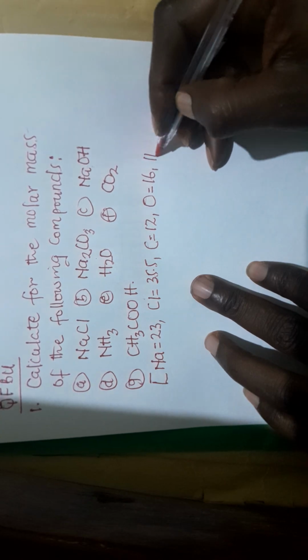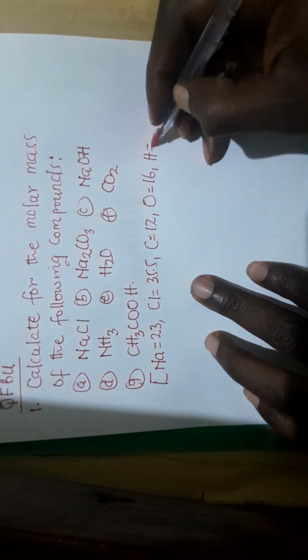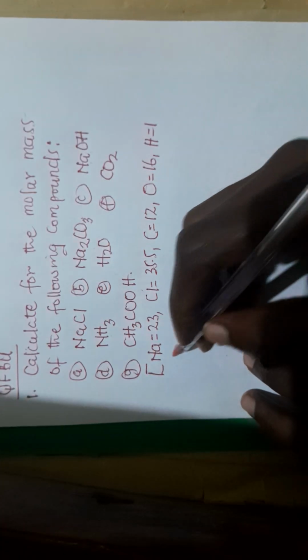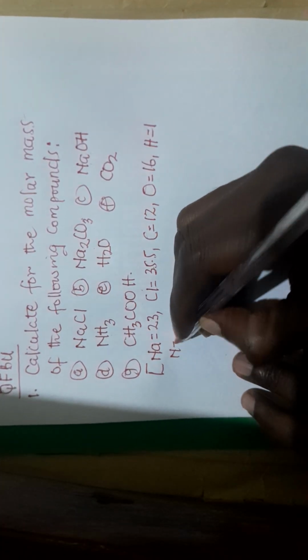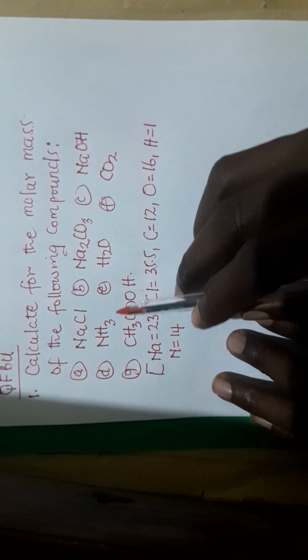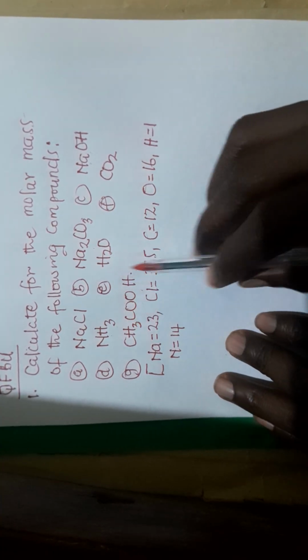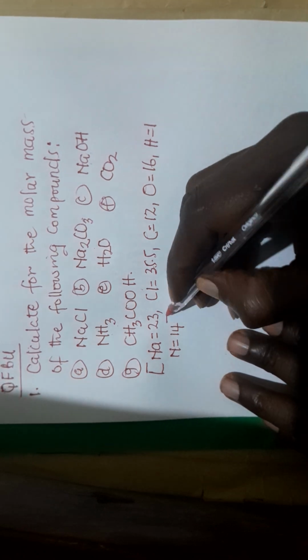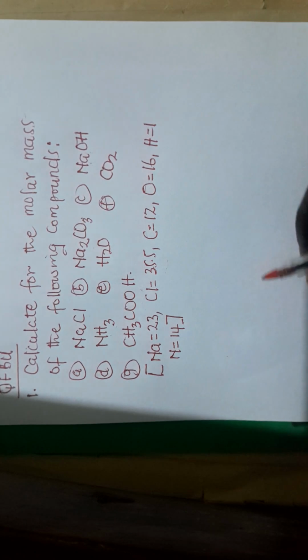What again? Hydrogen is 1, of course, and then nitrogen is 14. I think we have all of them. Well, even if we don't have it, when we get there, I'll give it to you.